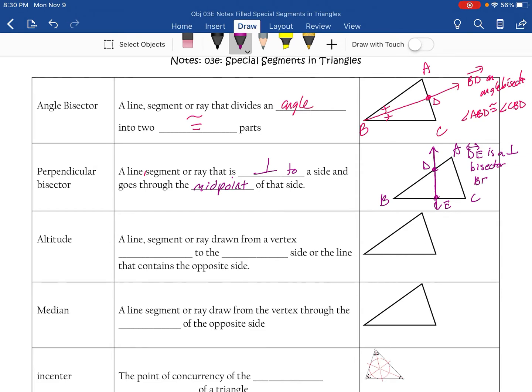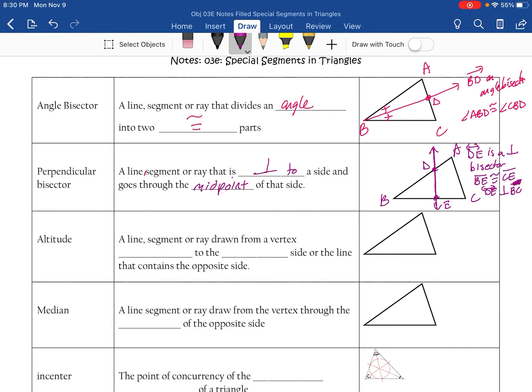First thing is, because it's a bisector, you know BE must be congruent to CE. You also can conclude that, of course, DE is perpendicular to BC.